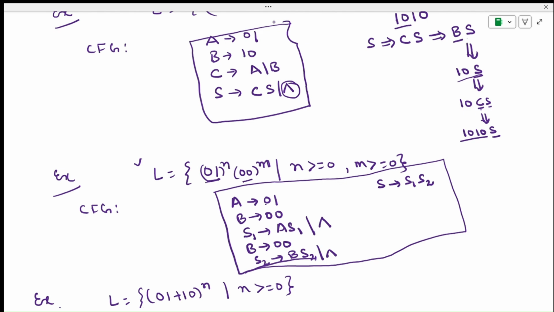So for repetition, for the loop, I have taken S1 is replaced by A S1 or null. For S2, I have taken B S2. B is 00. We need to repeat this 00 any number of times, including null times. So B S2 or null. And then finally, the start symbol S will have S1 followed by S2.